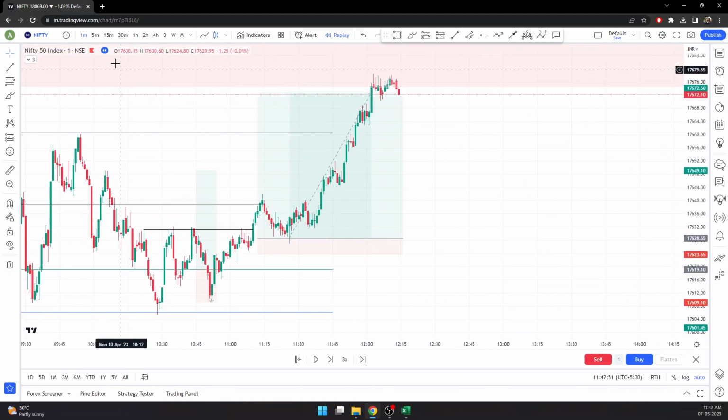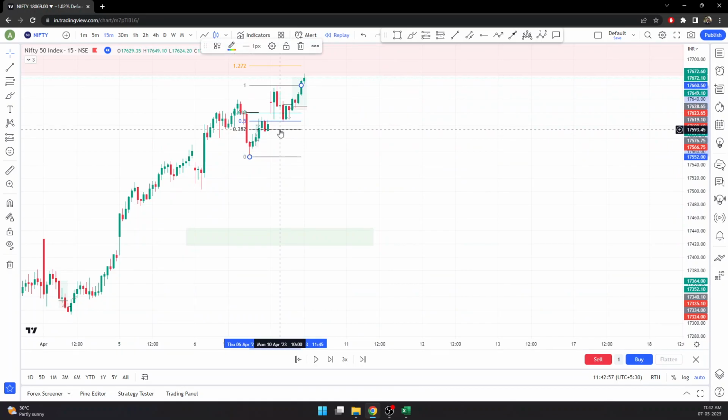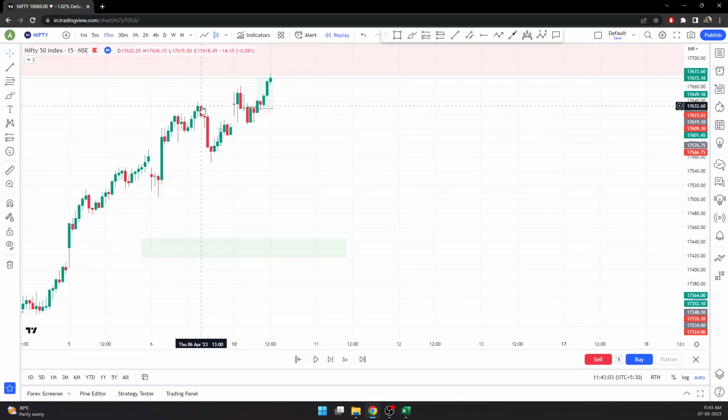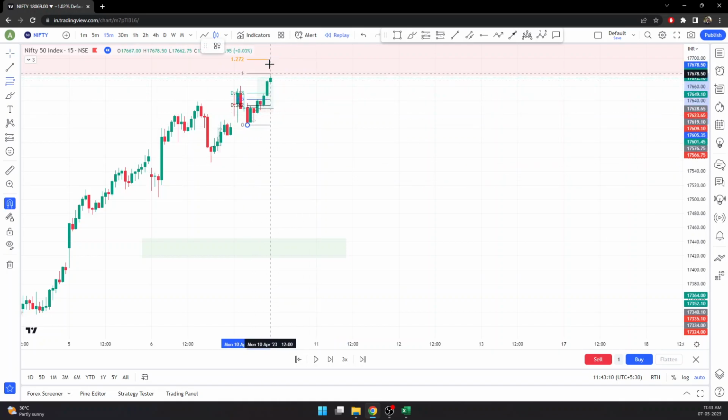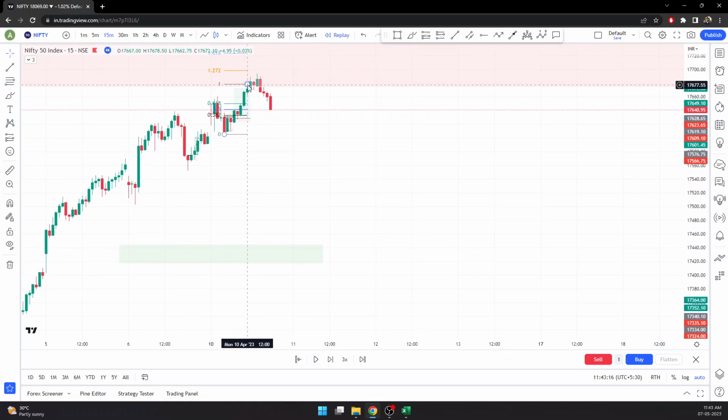So let's move on to our 15-minute chart now. Let's clear this fib series. Right, let's clear these levels. So for now, this broke, and this is the new low, and this is the high. So let's mark our levels again. Let's see what happens. Yes, it is going up, good.